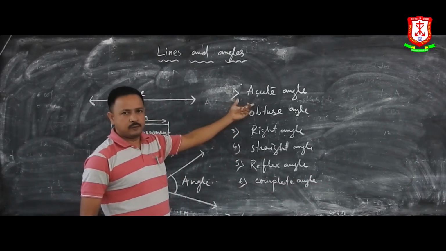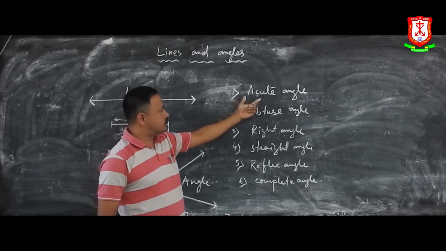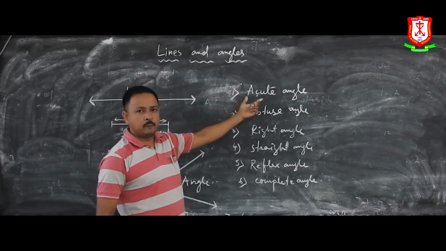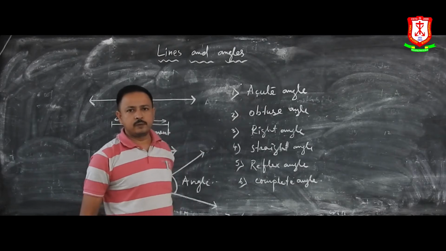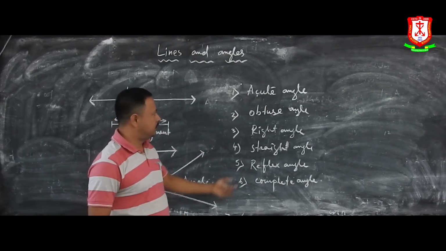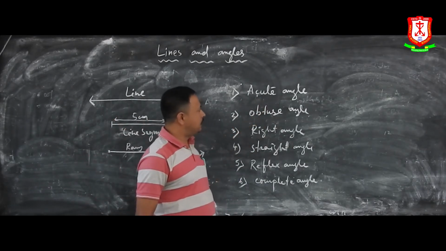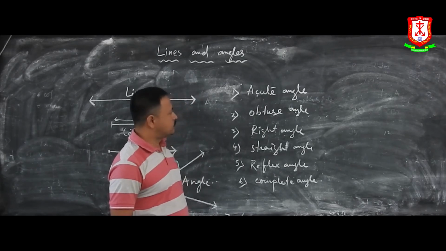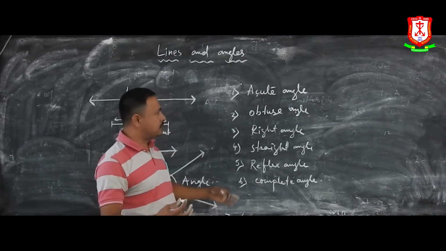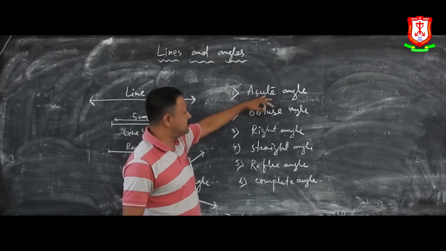Acute angle: whose measure is more than 0 degree but less than 90 degree. The angle whose measure is more than 0 degree but less than 90 degree is an acute angle.